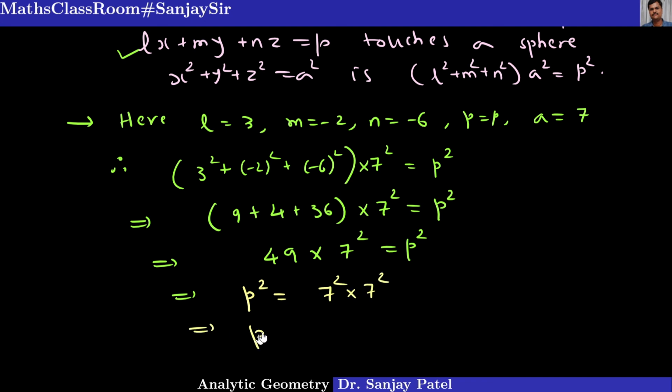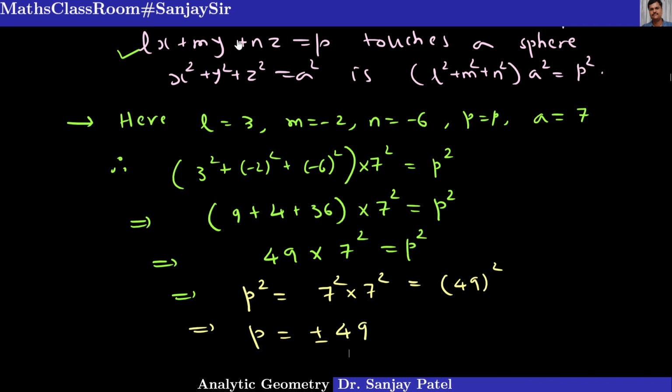So that gives me the value of p, taking square root on both the sides, plus or minus 7 into 7. This you can write as 49 square, so it is plus or minus 49. Directly I can get the value of p.